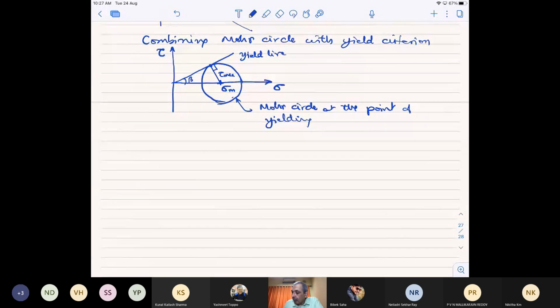So opposite side upon hypotenuse is sine of beta. So from the geometry we can see that at the yield point, tau max divided by sigma m, can we write it in terms of beta? Can someone tell me what this will be?